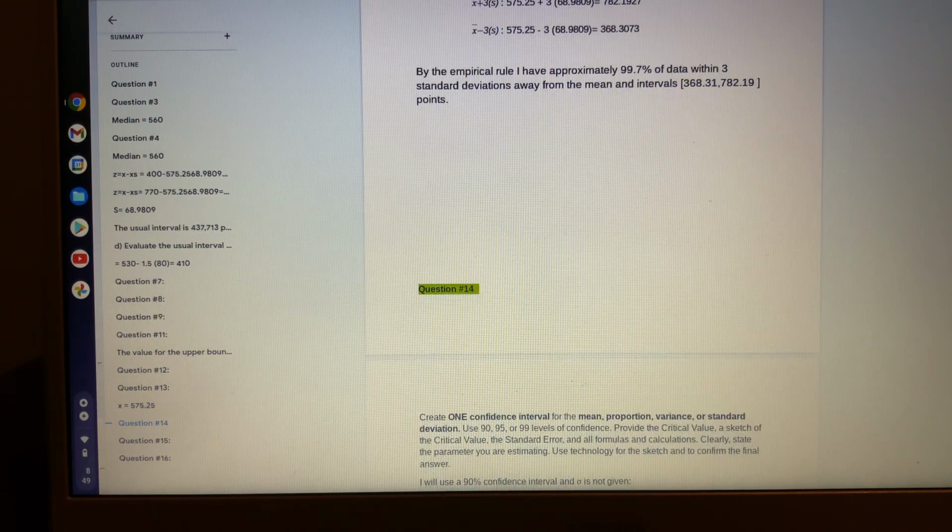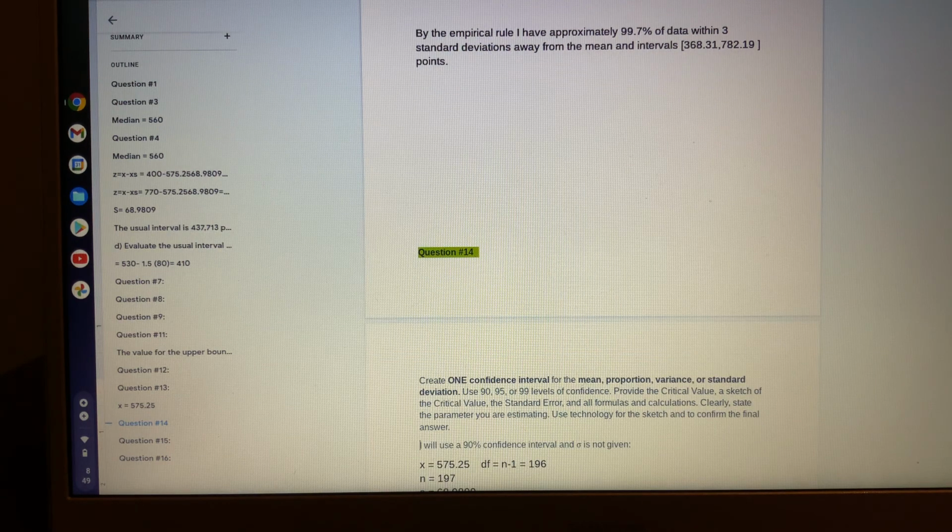For question 14, it had asked me to create one confidence interval for the mean, proportion, variance, or standard deviation. I chose the mean at a 90% confidence interval. As you can see, I stated it. I will use a 90% confidence interval, and sigma is not given.